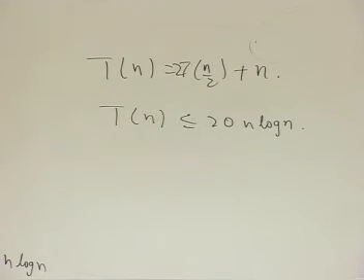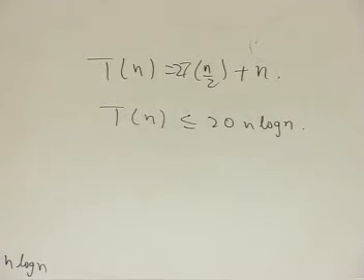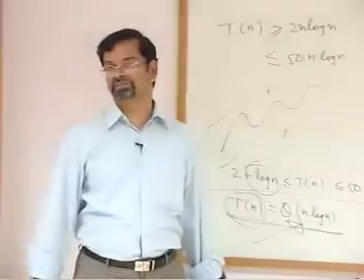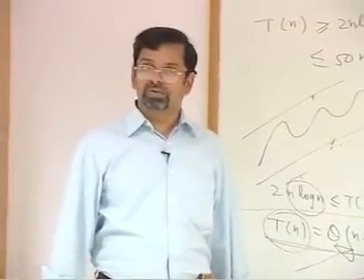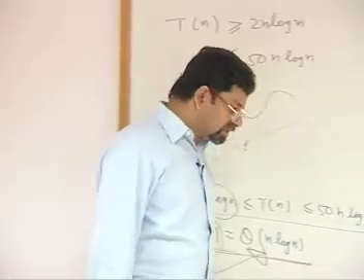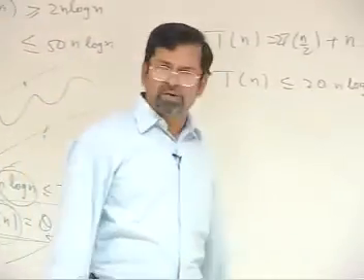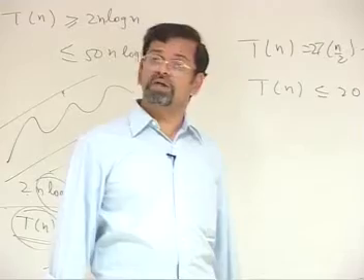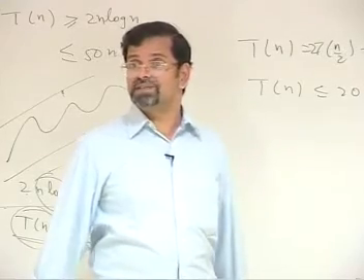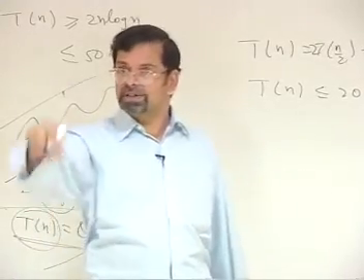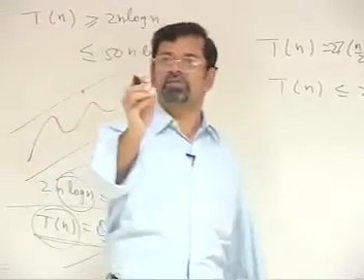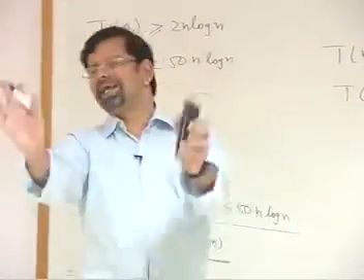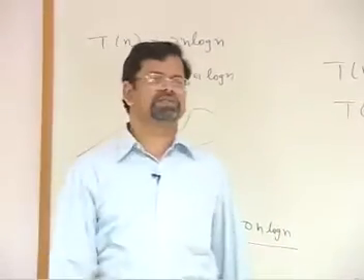And T of n is the worst case complexity of the algorithm, right? So what you do now is find a very bad input, and assume that you are able to find an input such that the running time on that particular input, like a worst case example, a bad example, no, it need not be a worst case example.